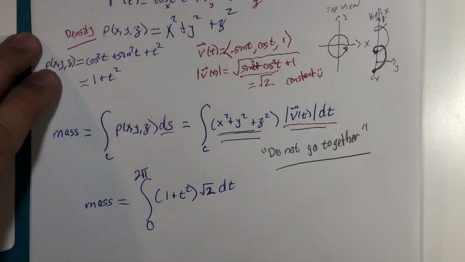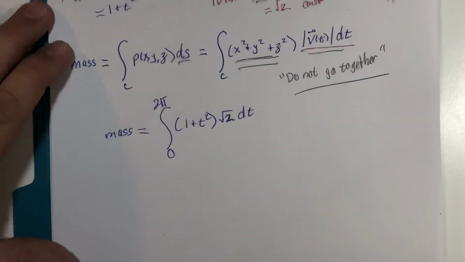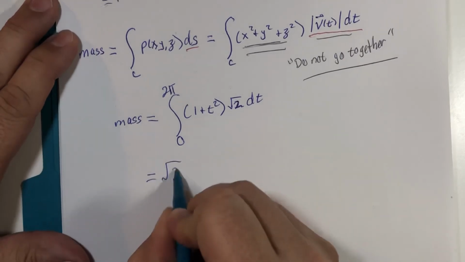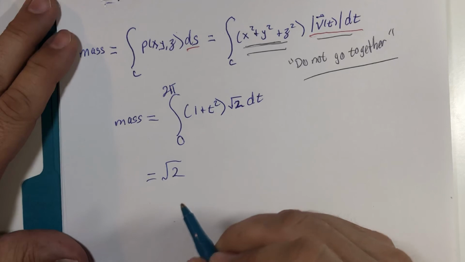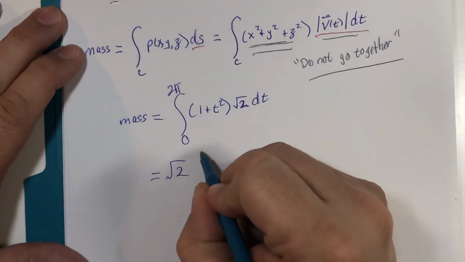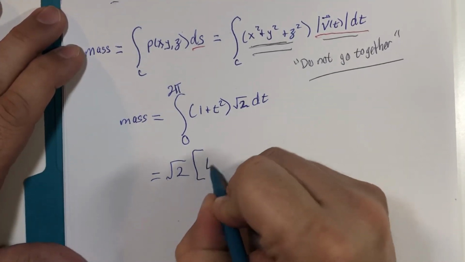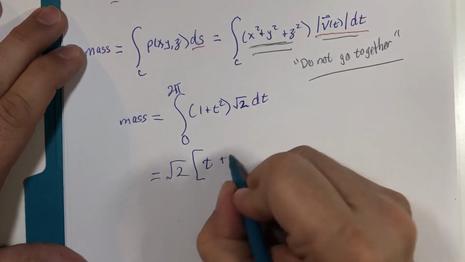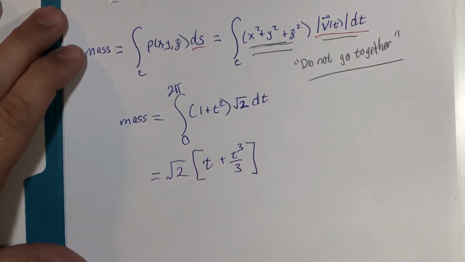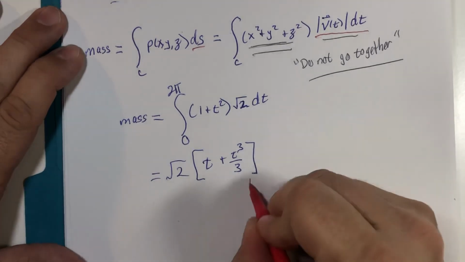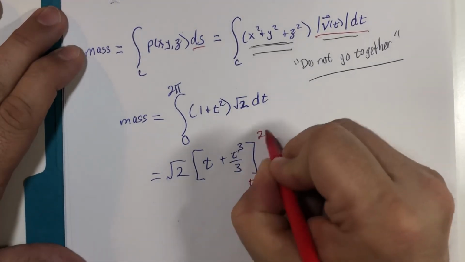This is not going to be difficult to integrate. The root 2 is a constant that factors out. Oh my goodness, it's a single integral. I'm sort of relieved right now. The integral of 1 is t. The integral of t squared is t cubed divided by 3. And t is evaluated from 0 to 2 pi.